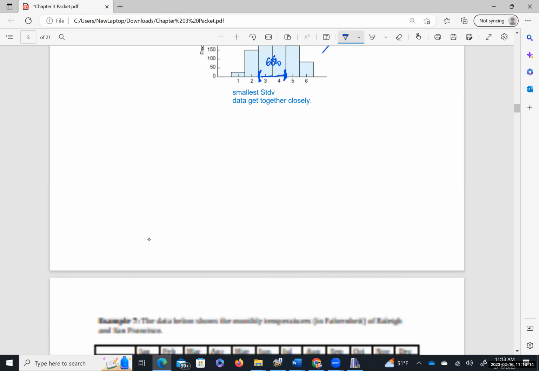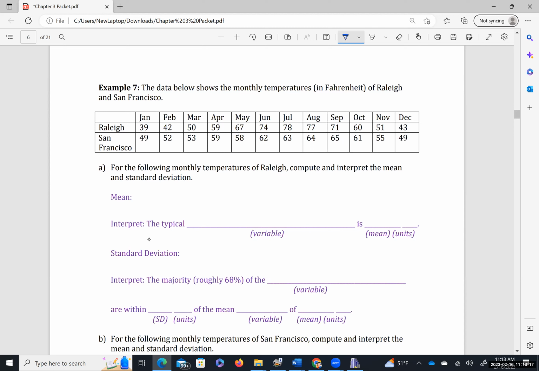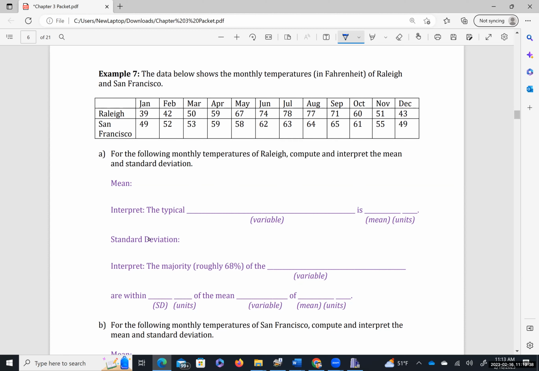So we're gonna move to the next example. In this example, the data below show the monthly temperature in Fahrenheit of Raleigh and San Francisco. This temperature is reported for 1 year, and each month we report the temperature, from January to December.